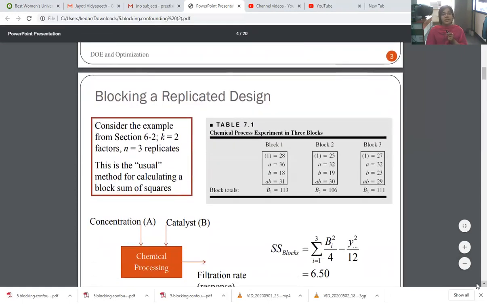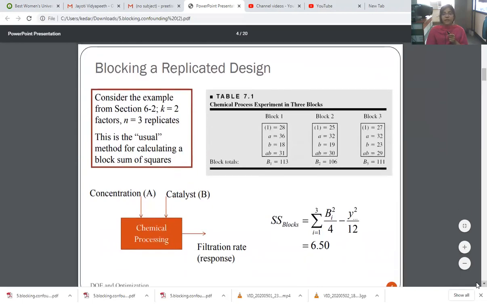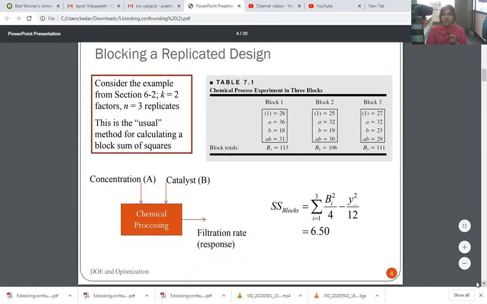Here A is the concentration and B is the catalyst, in the chemical processing filtration rate response. The block sum of squares is the sum of Bi squared over 4 minus y squared over 12, which is equal to 6.50. This is the example for blocking a replicated design.